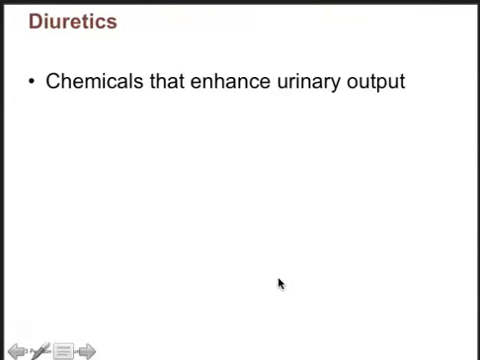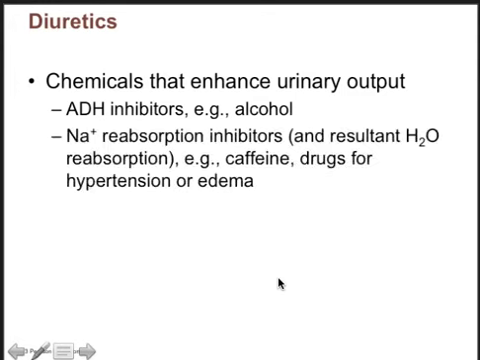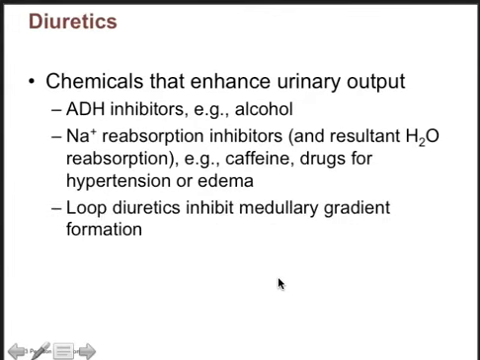Diuretics are chemicals that enhance urinary output. Examples include ADH inhibitors such as alcohol. Sodium reabsorption inhibitors and the resultant water reabsorption can be triggered by caffeine or drugs for hypertension or drugs for edema.